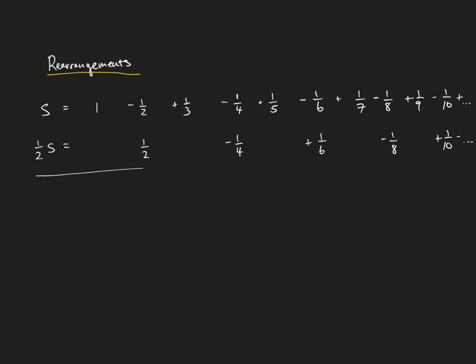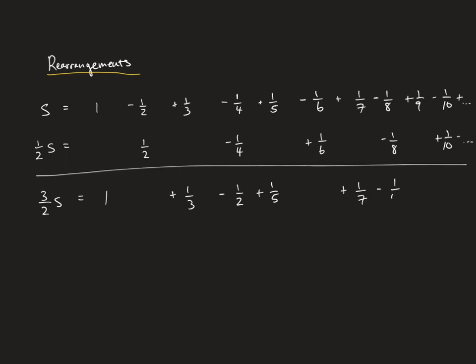And so if we sum these two together, we get 3/2 S. That's going to be equal to 1, and then these cancel. So we just get a plus 1/3. Then we have minus 1/2 plus 1/5. This cancels. Then we have plus 1/7 minus 1/4 plus 1/9, a cancellation.